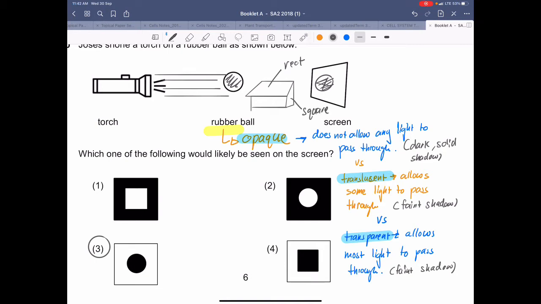My apologies, my drawing is not very accurate, but you get what I mean. You need to see which side is facing the light source. If the square part is facing the light source, then your shadow will be a square. If the rectangular surface is facing the light source, then a rectangular shape will be formed. It needs a bit of imagination. Moving on.